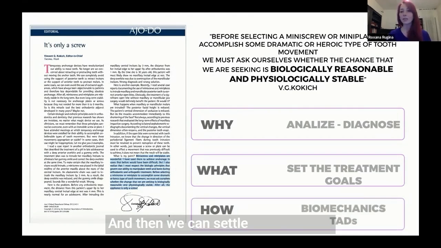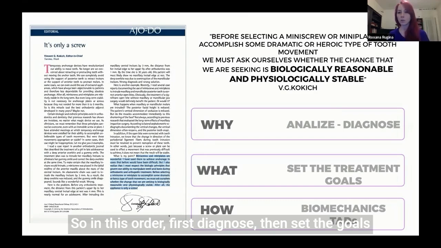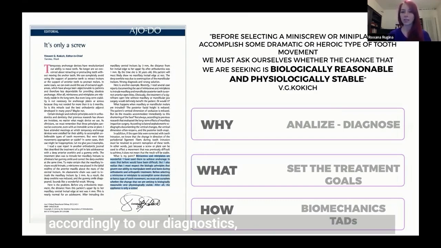And then we can settle for TEDs and the rest of the biomechanics. So in this order: first diagnose, then set the goals accordingly, and then figure out how we can get to these goals with the least amount of secondary effects and be as effective as possible.